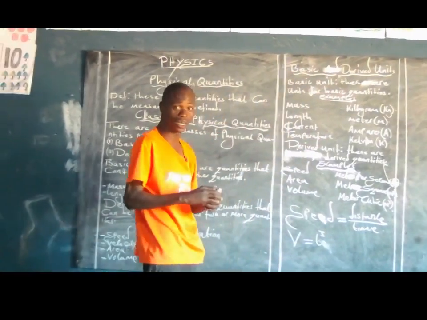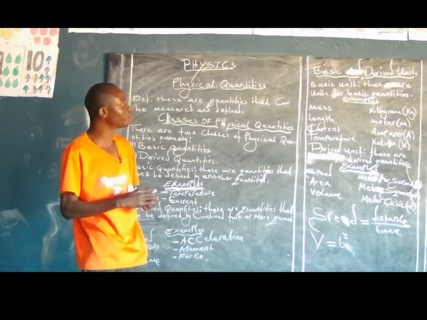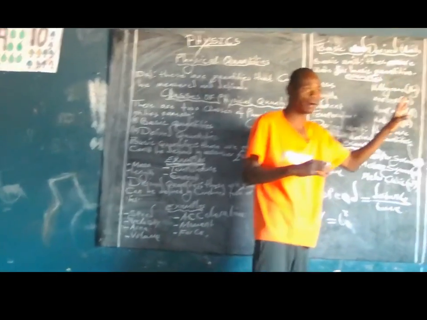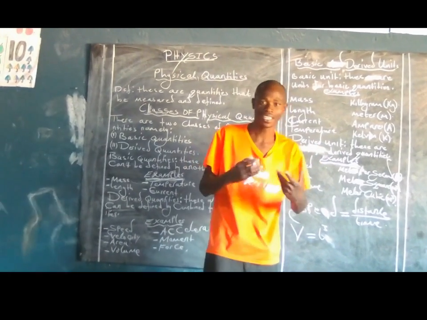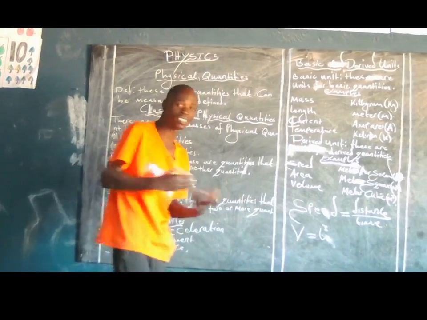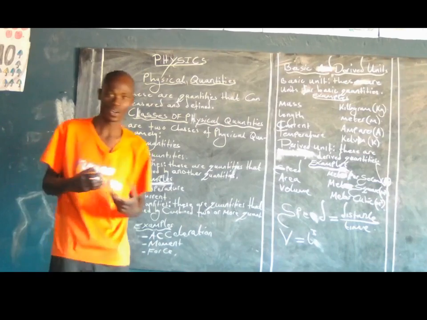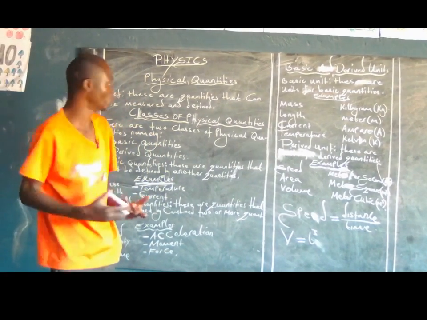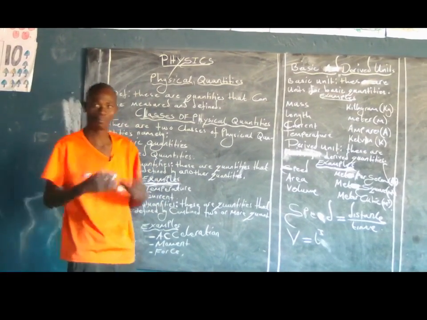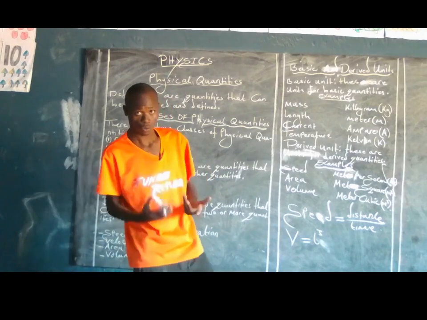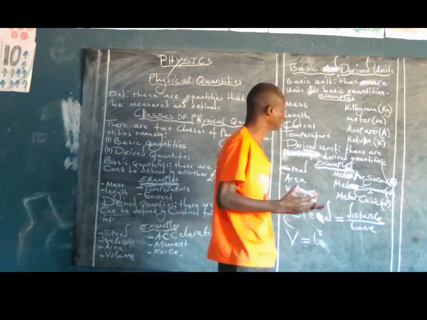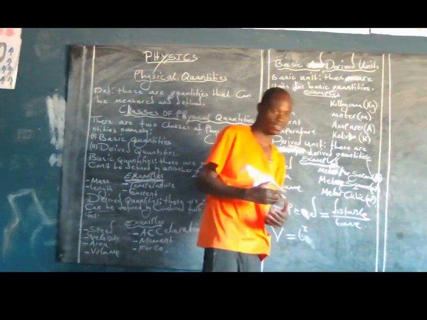There we use the word quantity. So when we are talking about basic units, these are units for basic quantities. The units which are used to measure basic quantities are what we call basic units.